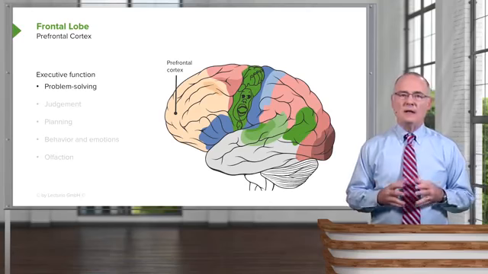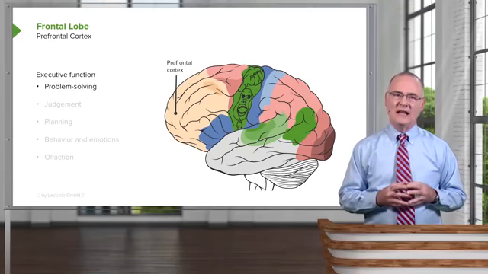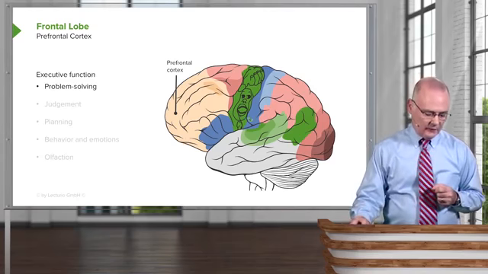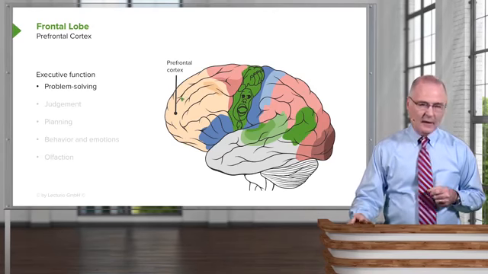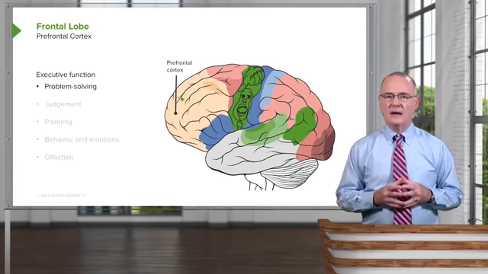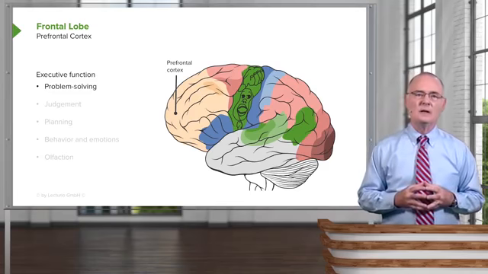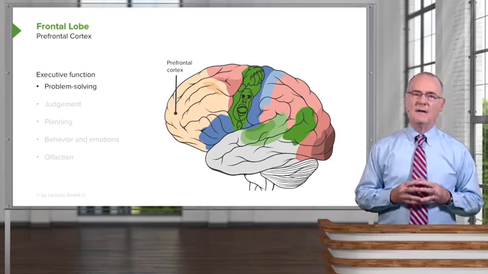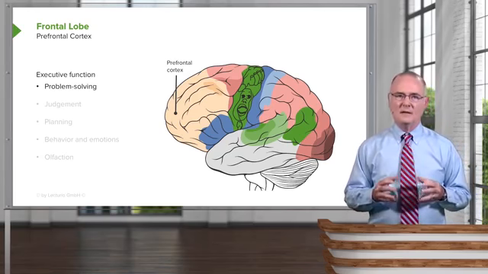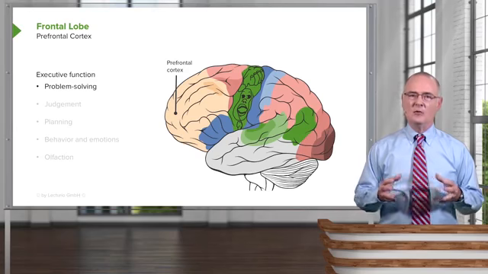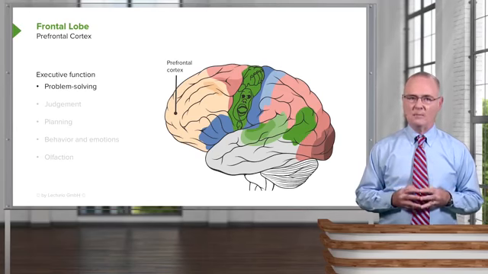Lastly, within the frontal lobe, I want you to understand the prefrontal cortex, and we see that area here. This is the area of the cerebrum that takes some degree of maturation to become fully functional. This is involved in executive functioning, and one of the functions under this heading would be that of problem solving.